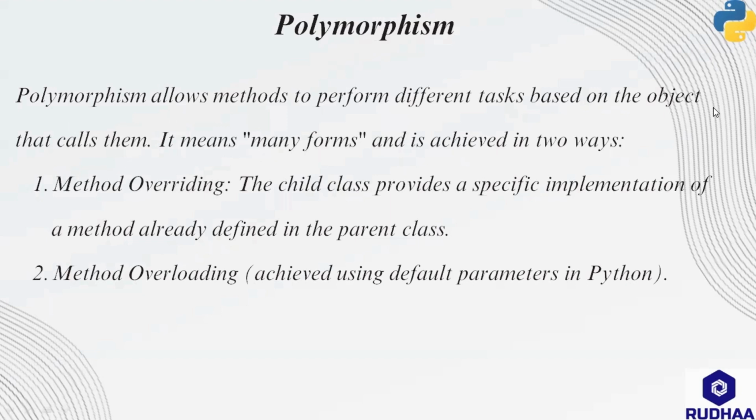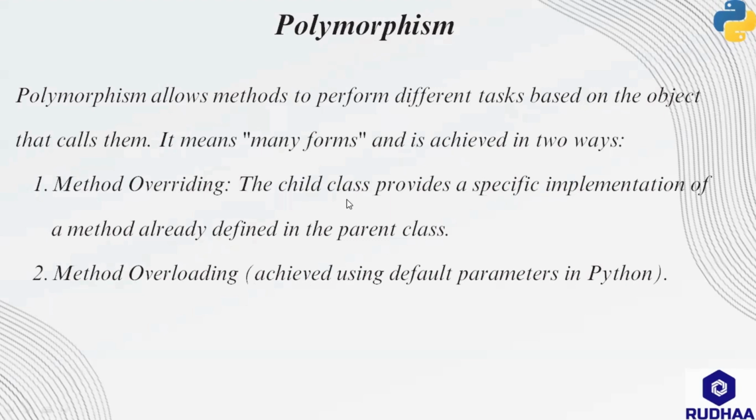So it is achieved in two ways. One is method overriding, another is method overloading. Method overriding means the child class provides a specific implementation of a method that is already defined in the parent class.